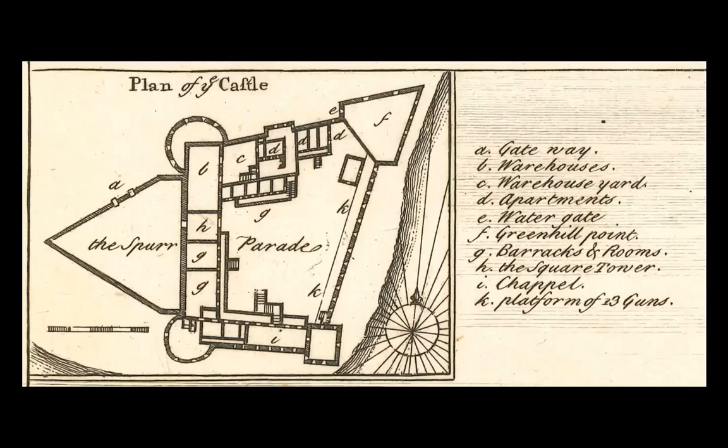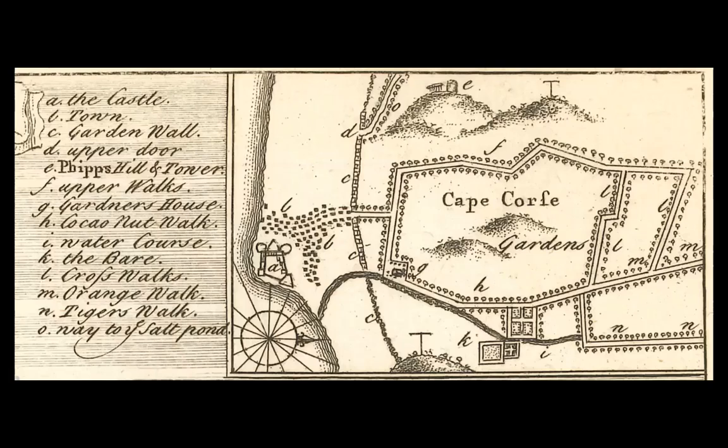Take a look, for example, at the floor plan of the castle itself, where it tells you where the warehouses are and the apartments. These are euphemisms. But the warehouses are where the food was stored. And if you look in detail at where it was produced, you learn a great deal more. Here's the outline of the castle itself.